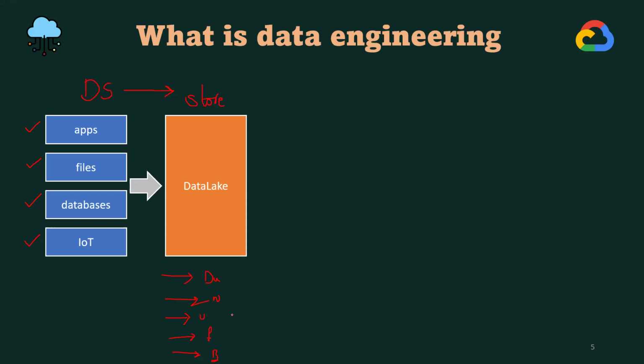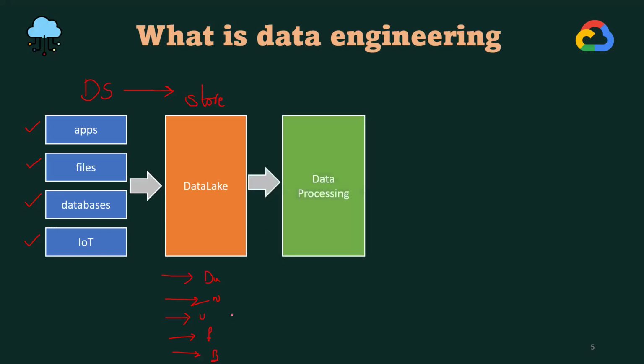So that's the reason that the third step, as a data engineer, is that we extract the data from these data lakes and we do the processing. We perform the data processing, guys, with the help of multiple data frameworks. We have the Spark framework, the Apache Beam framework, and the Pandas framework.